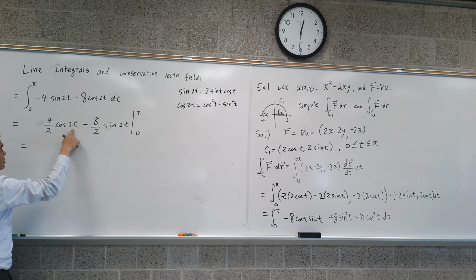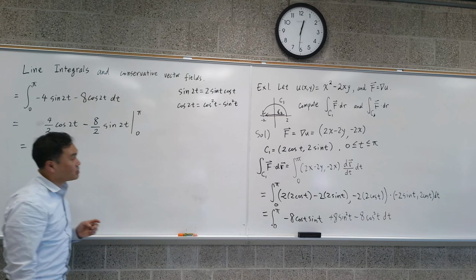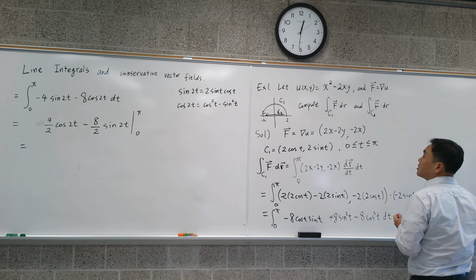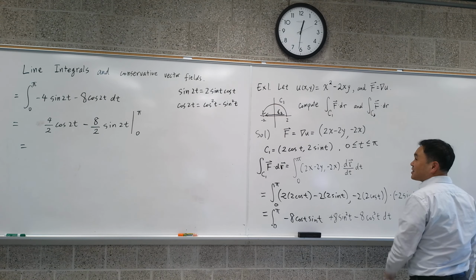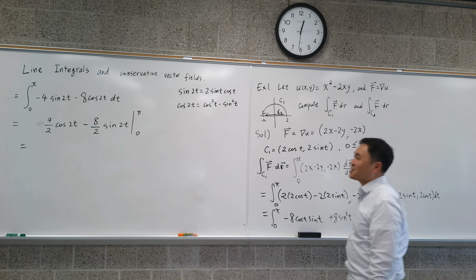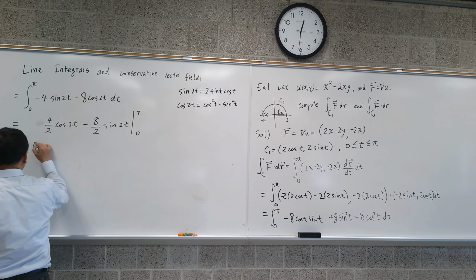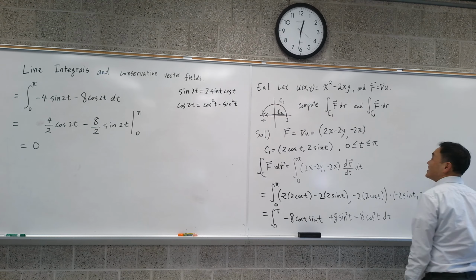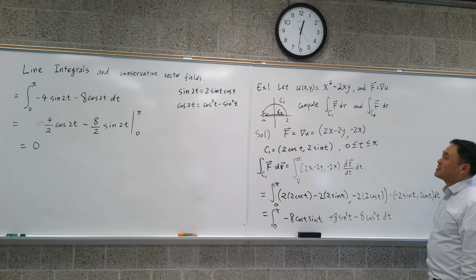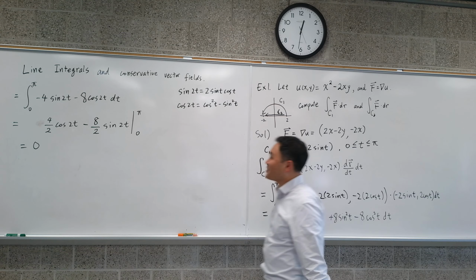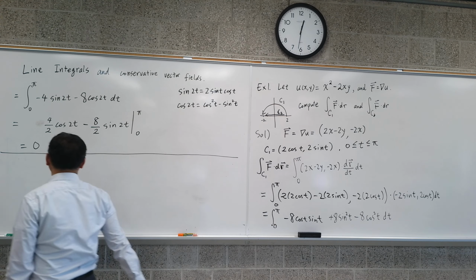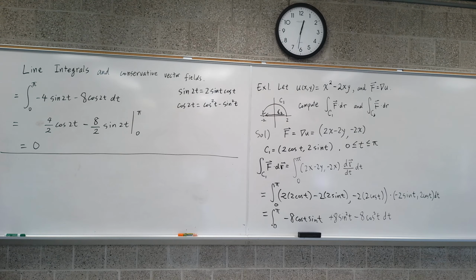Cosine 2 pi is, really? So you end up with a 0. All right, let me explain why later. So you get 0. Yeah, so if you plug these in, you get 0.